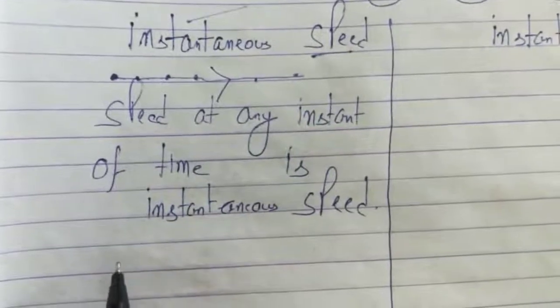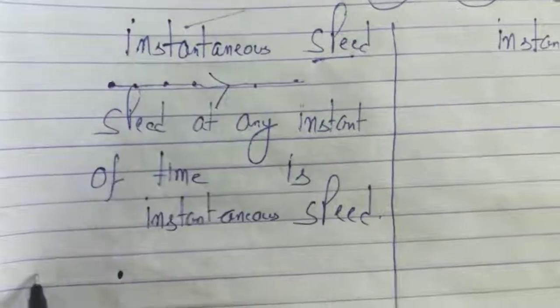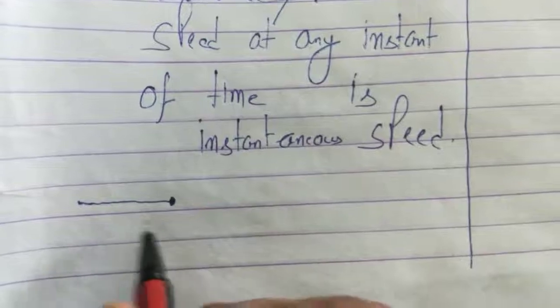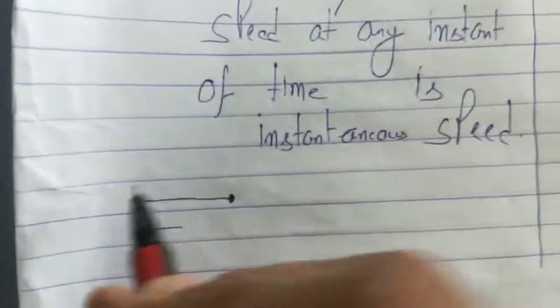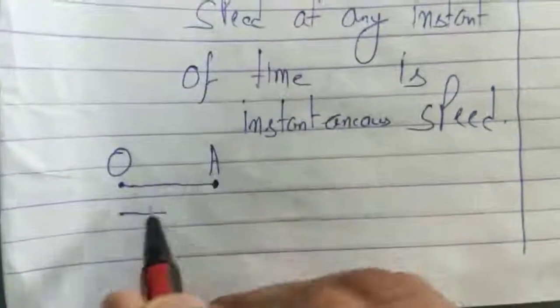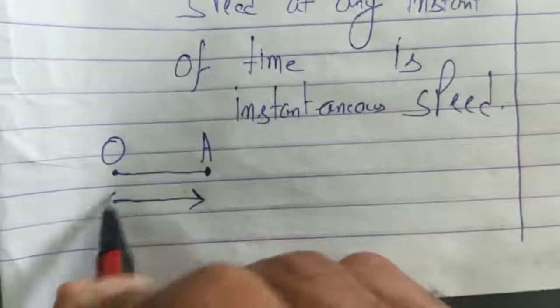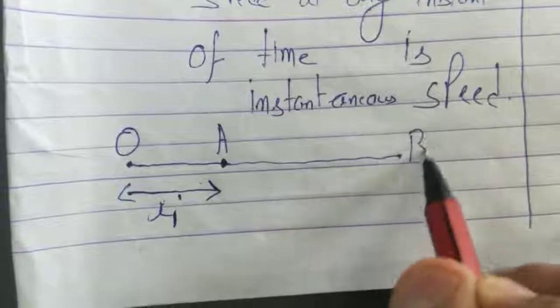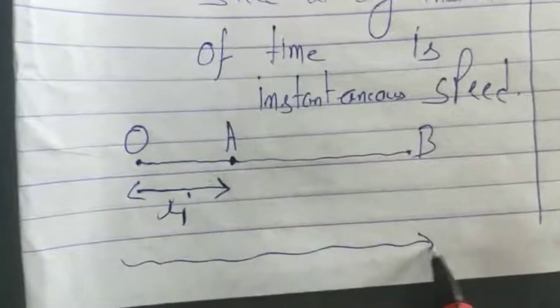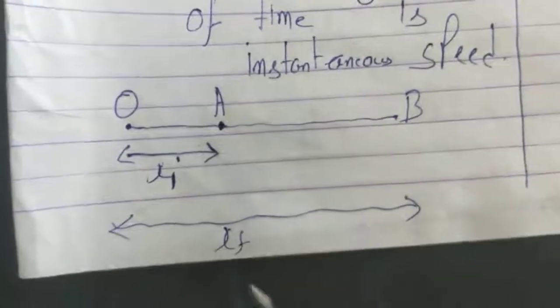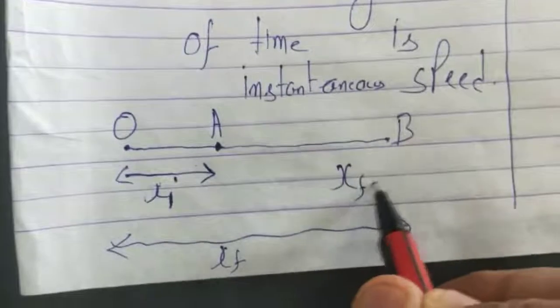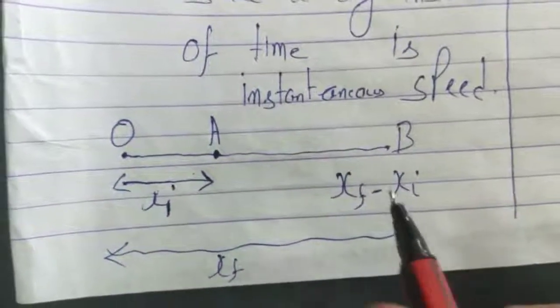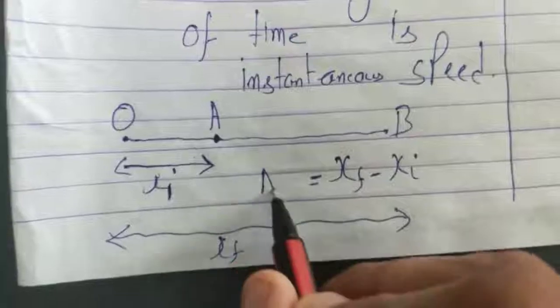Suppose a body is at A, at a distance xi from the origin. Now it has moved to position B, that means from the origin it is at xf. So xf minus xi is the distance covered by the body, that will be equal to delta x.